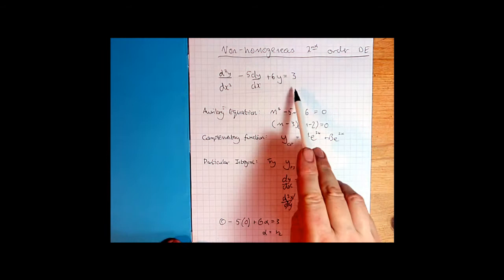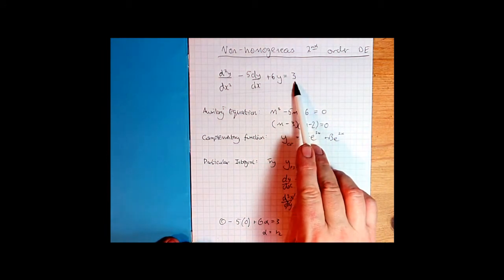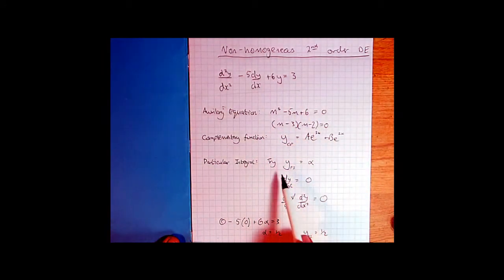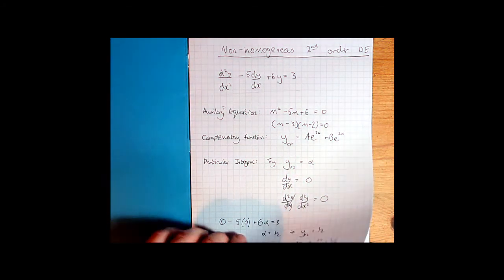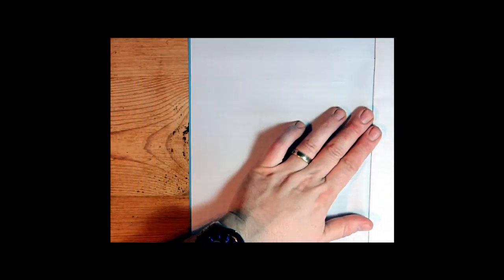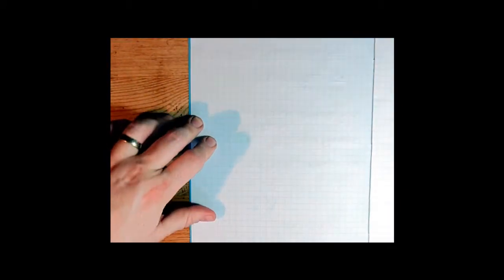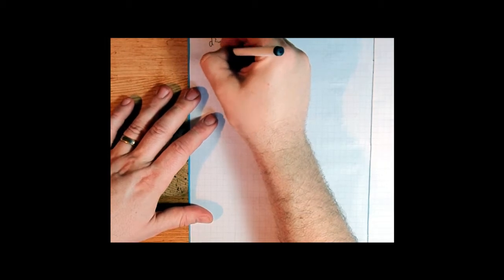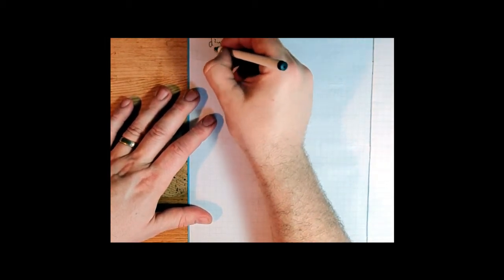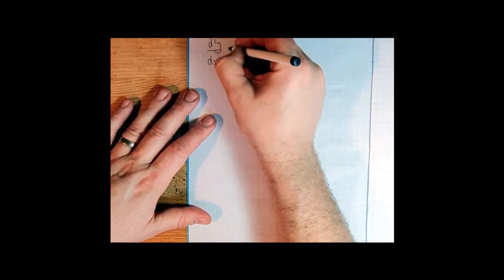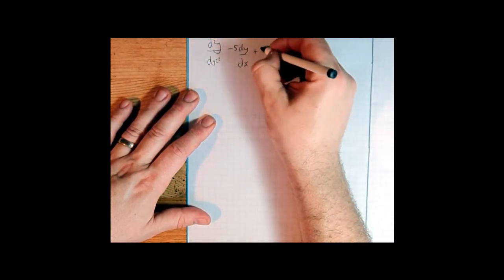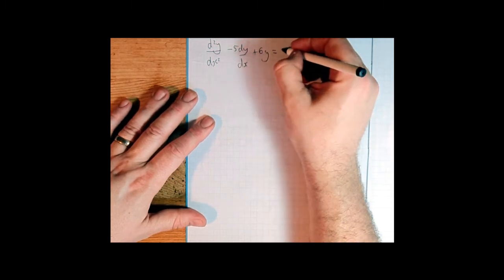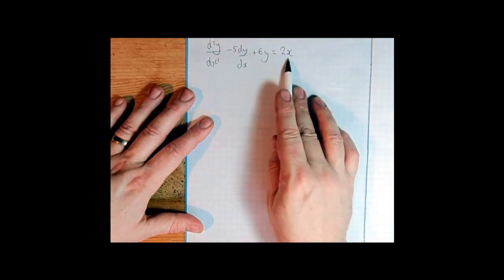So in this case, because the right hand side was a constant, I just assumed the particular integral would be some constant. Okay, I'm going to do the same equation again, well, the same left-hand side. d squared y by dx squared minus 5 dy by dx plus 6y equals, and this time the right hand side is now a function of x.